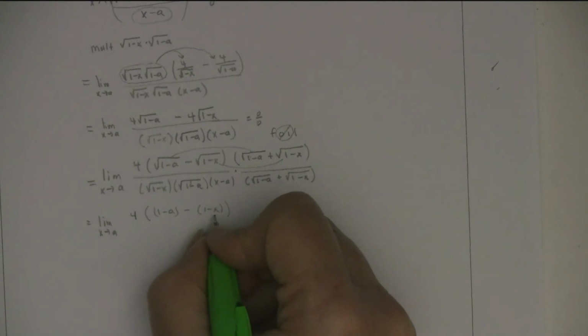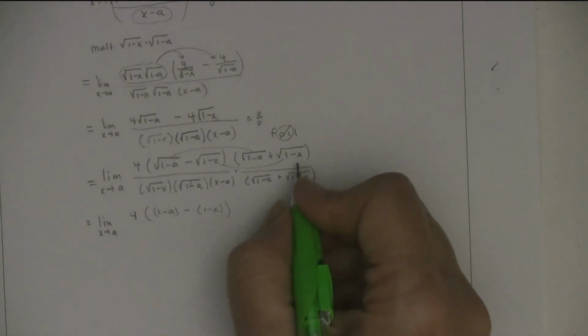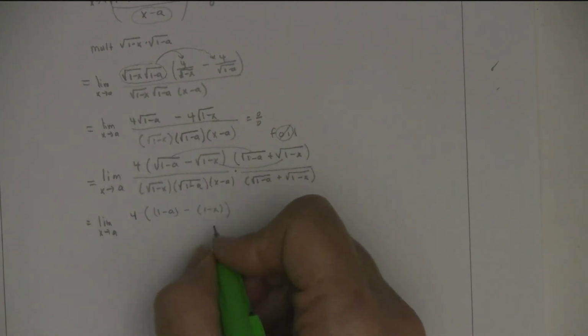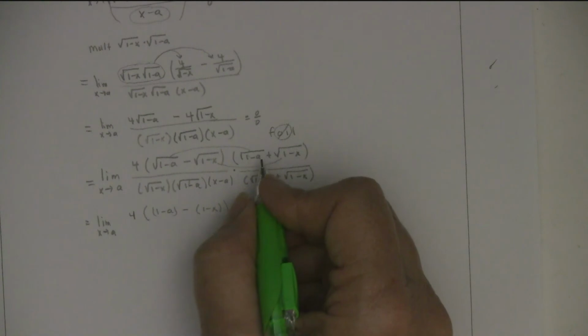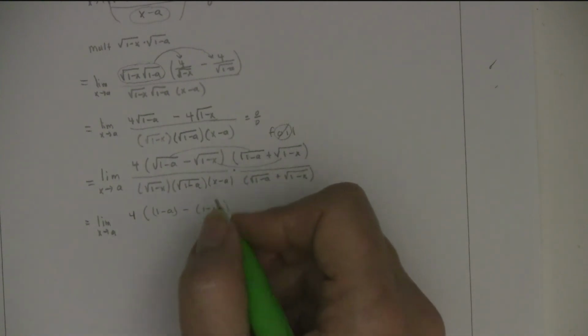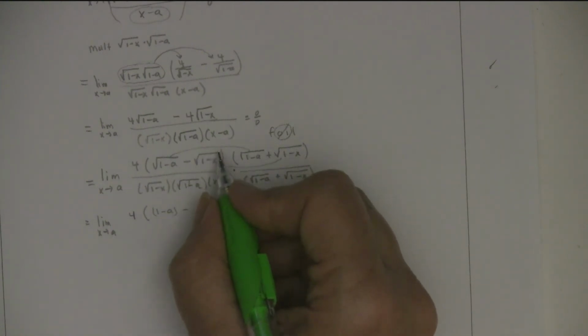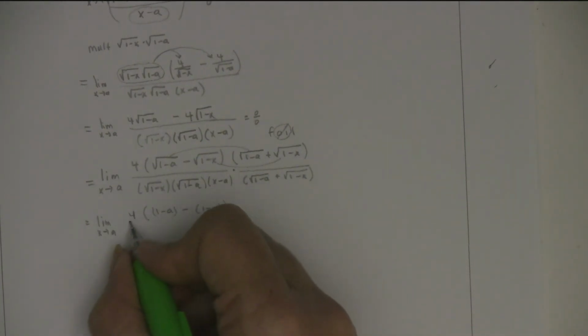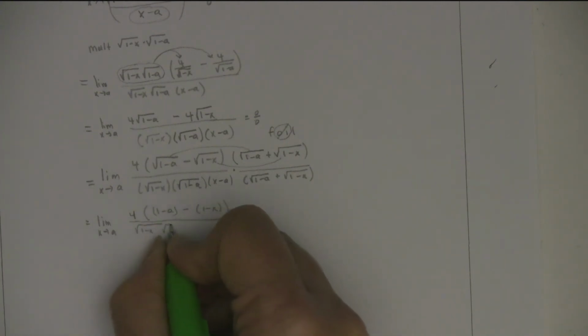And notice I put parentheses around it, particularly the 1 minus x, because I have to distribute that negative. So this is a minus of a binomial, right? The square root was acting as the grouping symbol. Now I'm putting in a parenthesis to act as the grouping symbol, and the same denominator that we had.